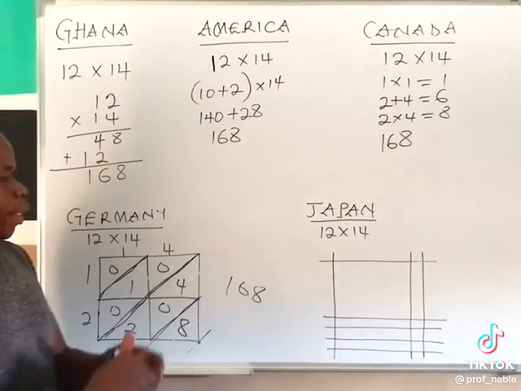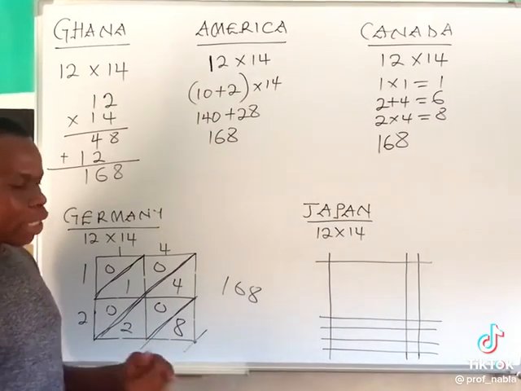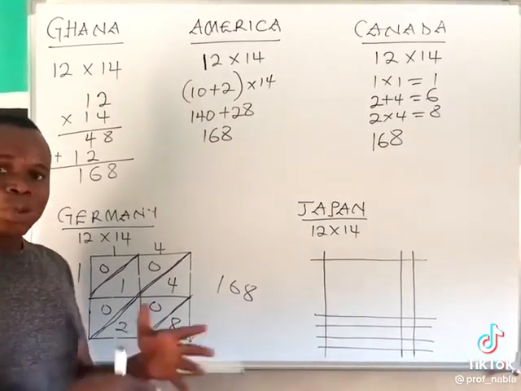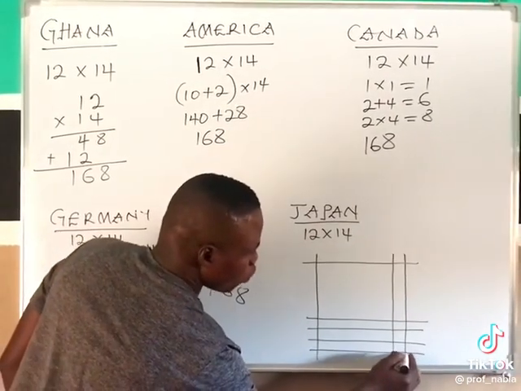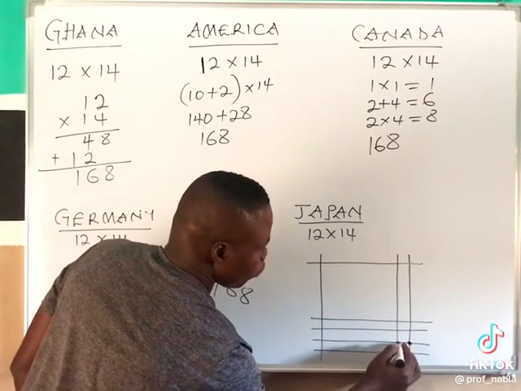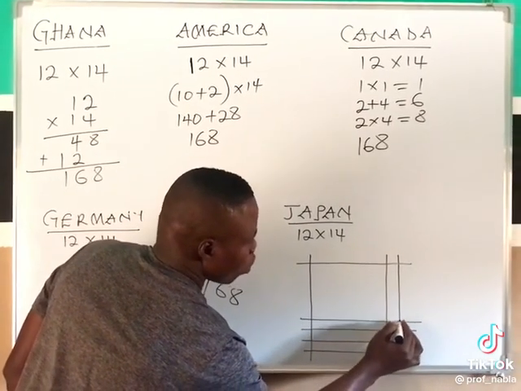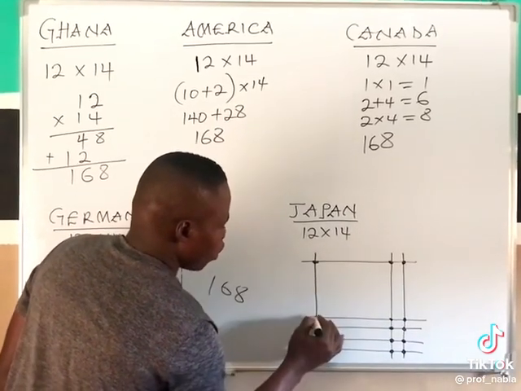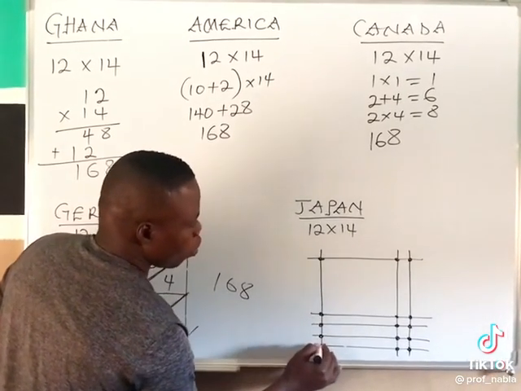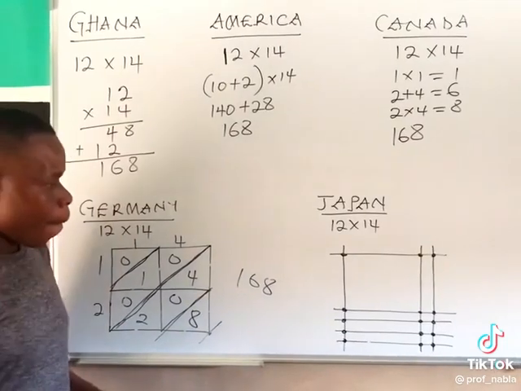Then the student will now look at where these lines cross each other. You put dots there. So here I have dots because they are crossing here. I'll put dots. And these dots will give the final answer.